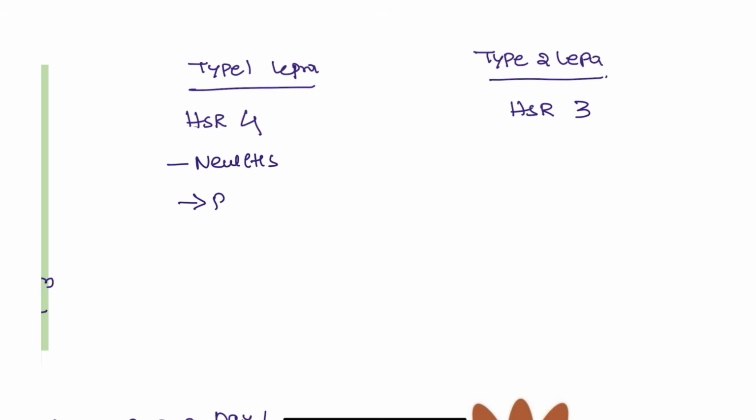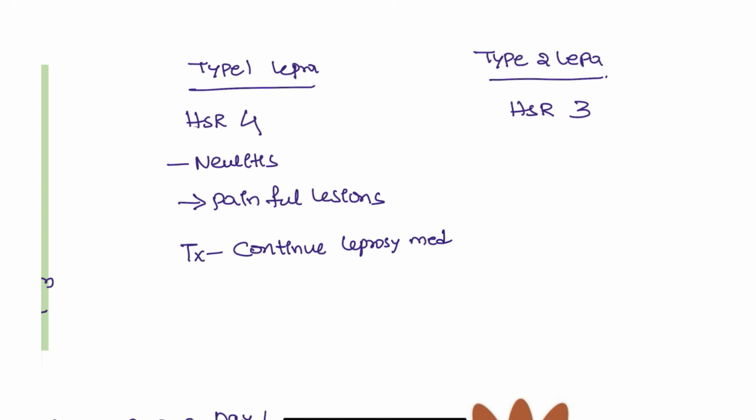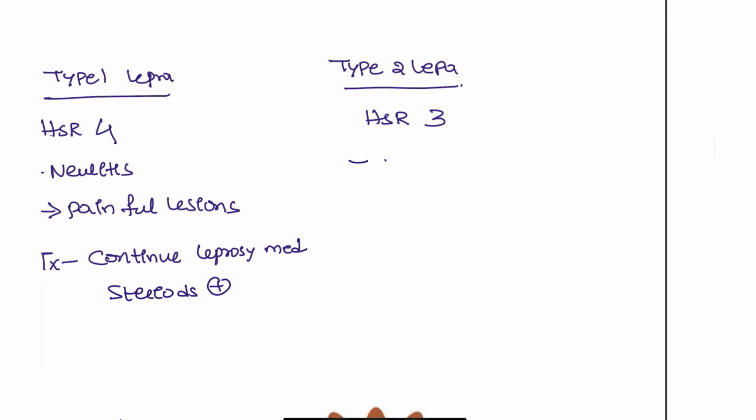So painful lesions. The treatment of choice is to continue the leprosy medications, and along with that you can give steroids. In lepra type 2 reaction, there will be extensive lesions and erythema nodosum like reaction.